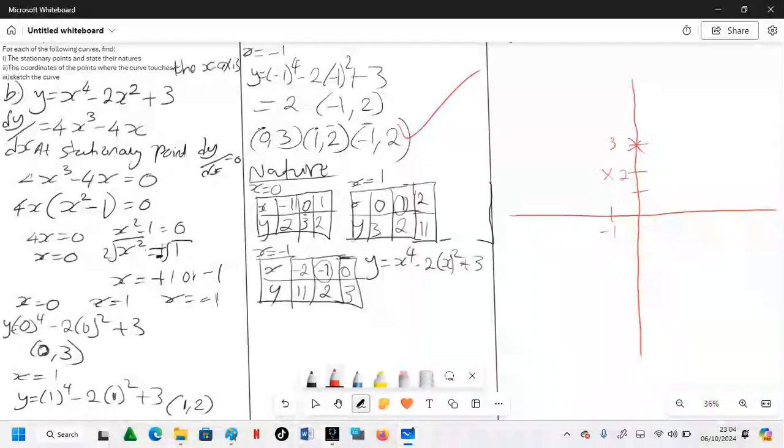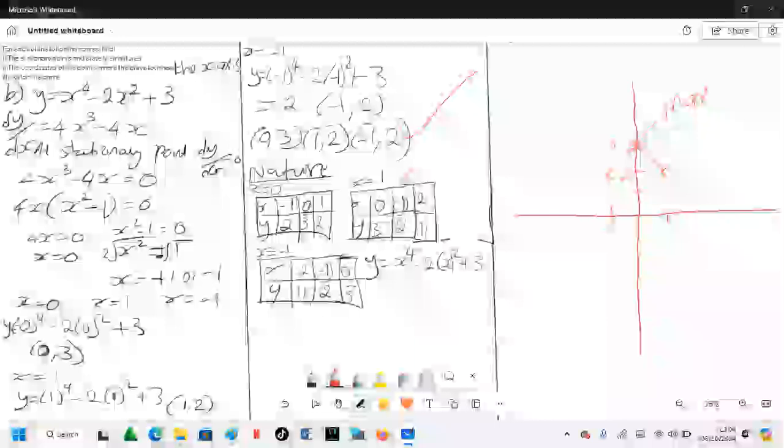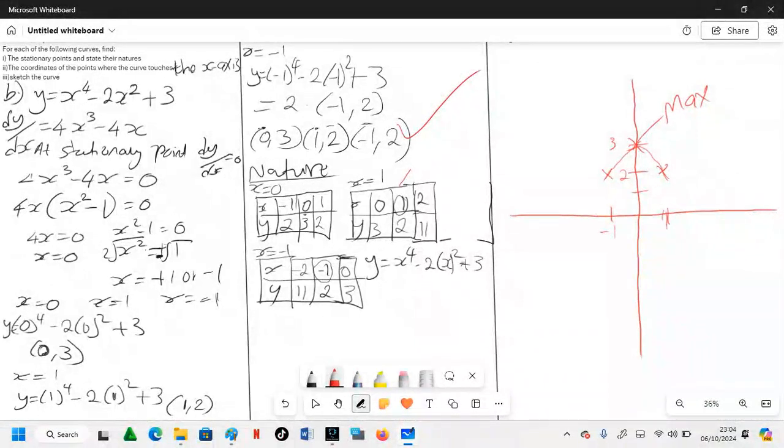That is a turning point, and then 1, 2 is there. So you realize that that one is a maximum, right? And then 0, 3 is there. 1, 2, you've already plotted, it's there. 2, 11. This is 2. And then 4, 5, 6, 7, up to 11. So 11 is somewhere there.